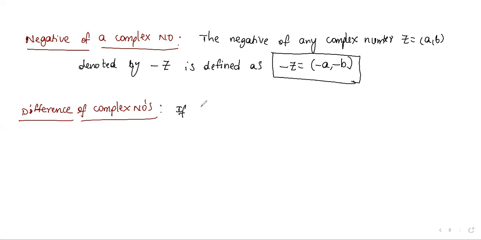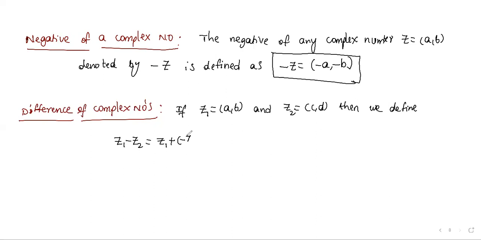We can take any two complex numbers, that is, if Z1 is equal to a comma b and Z2 is equal to c comma d, then we define Z1 minus Z2 as Z1 plus of minus Z2. Therefore, Z1 minus Z2 is equal to a minus c comma b minus d.